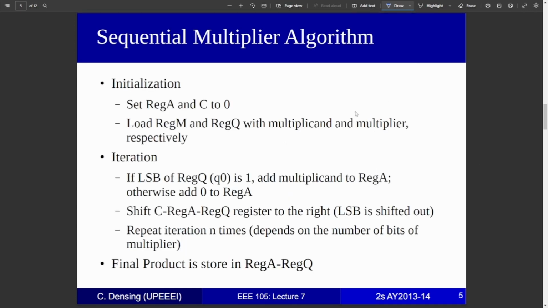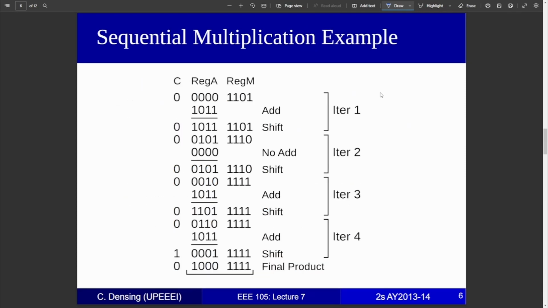Okay, the algorithm is also listed down over here, but you can basically derive the algorithm from the sequential circuit itself as well. So here you can see an example of how the sequential multiplication works.